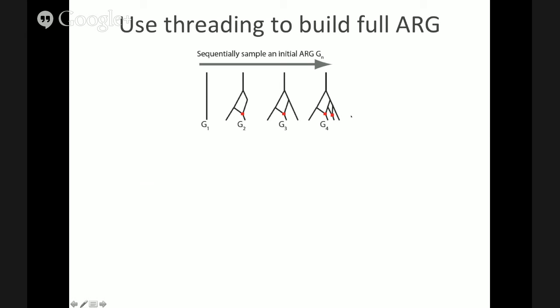That would work. You'd get an ARG, but it would not be a true sample from the posterior. It's biased. The initial sequences were not conditioned on the full data.